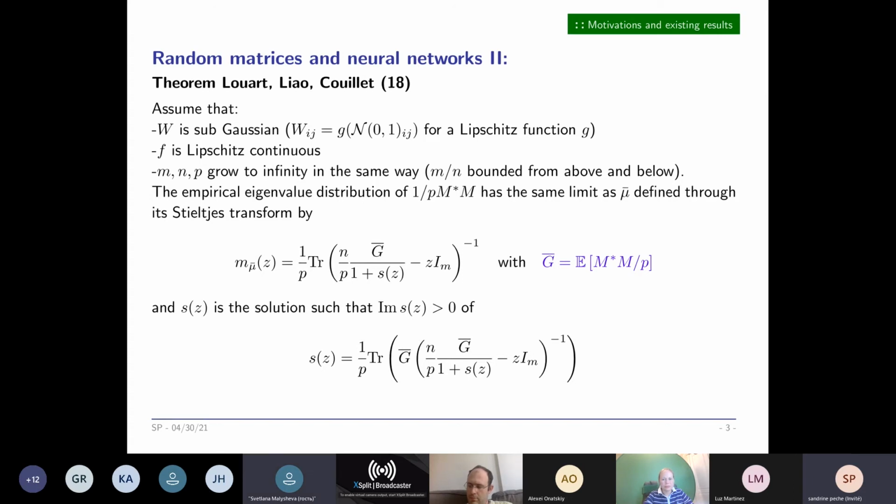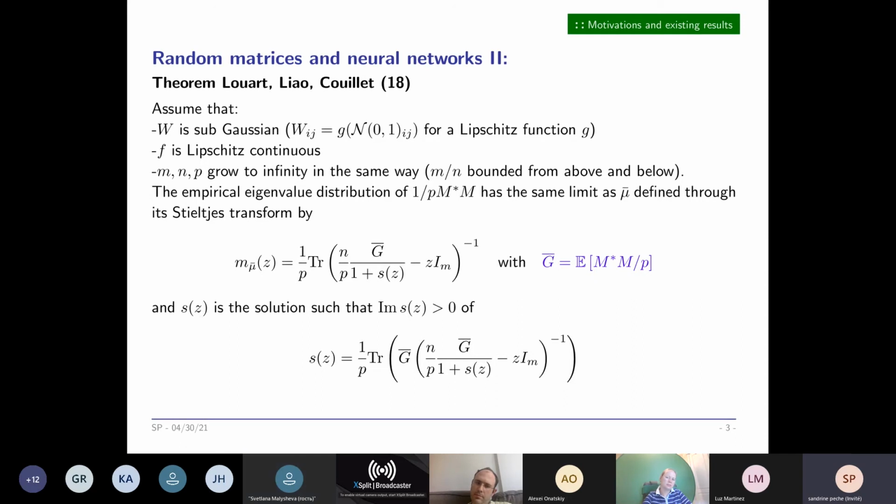So first, the dependence on the function f. All this dependence is actually hidden in the matrix G bar here, which is the expected value of M star M divided by P. So the first question which comes to mind when one considers this random matrix theory result is about maybe universality.